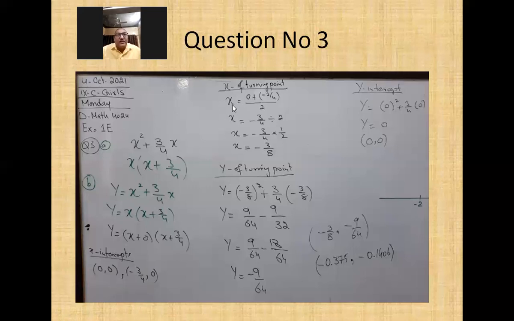So I will add 0 and minus 3 by 4, and divide by 2. 0 plus minus 3 by 4 is minus 3 by 4 divided by 2. I convert this divide into multiply, so the 2 becomes 1 by 2. Now it will be minus 3 by 8. So the x coordinate of the turning point will be minus 3 by 8.